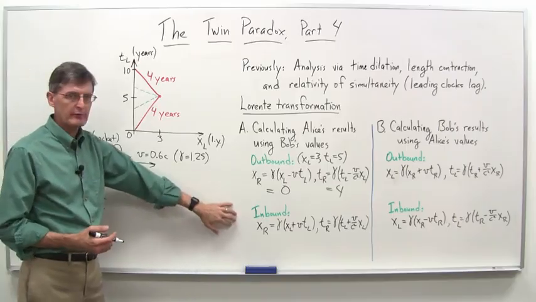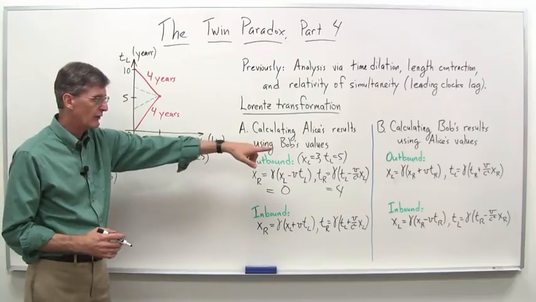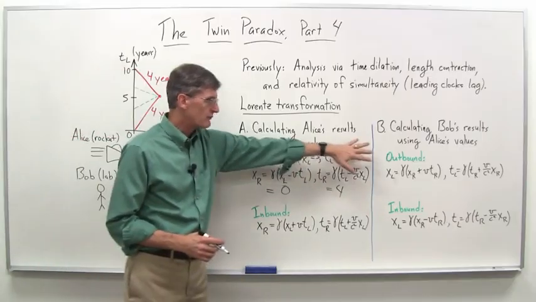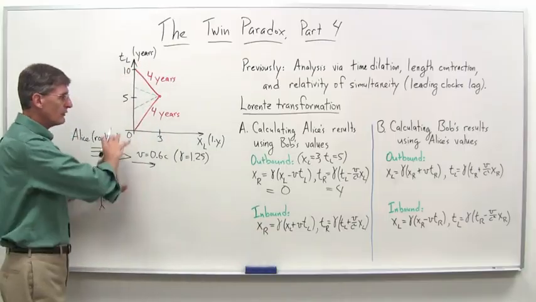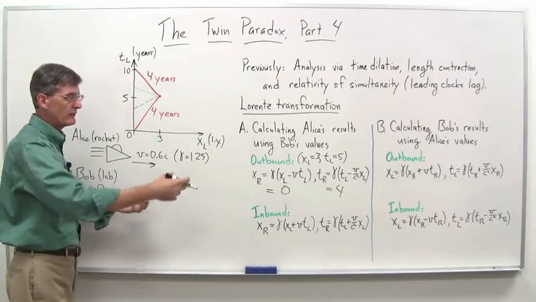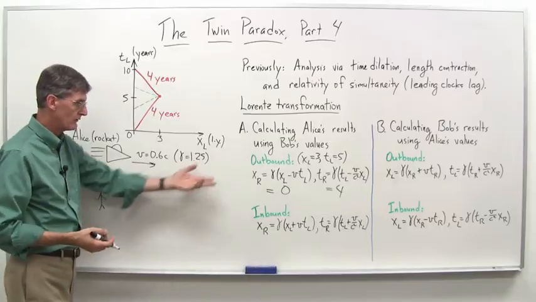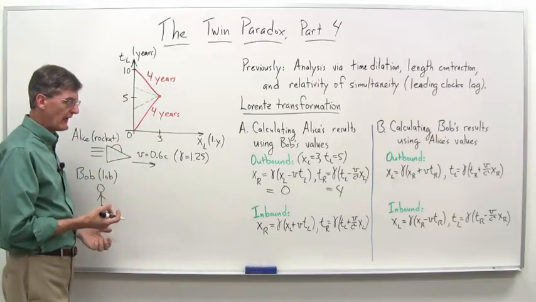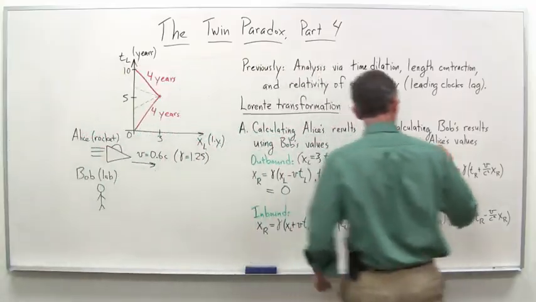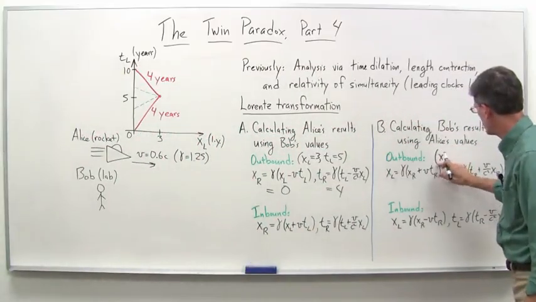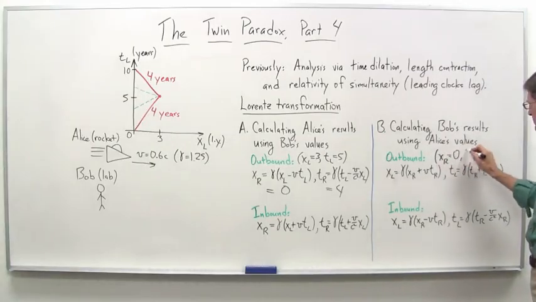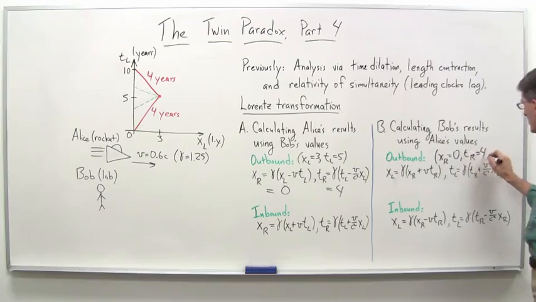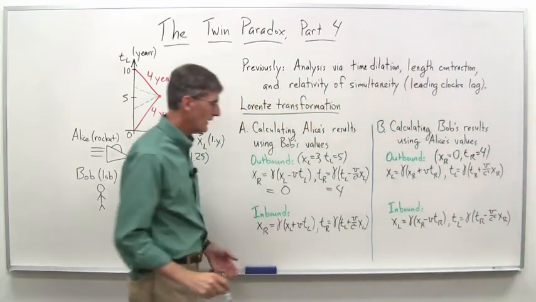Now we'll get to the inbound trip in a minute. That's a little trickier. Let's do the outbound trip for Bob's results using Alice's values. We could either do Alice's analysis as we did with the length contraction and time dilation, or even just use these results here. We know that Alice is going to be xr equals 0, tr equals 4 at the turnaround point, at the planet or star.